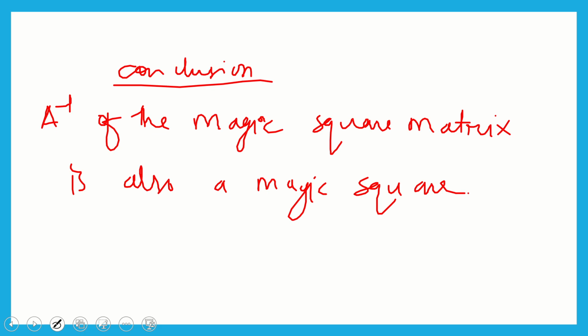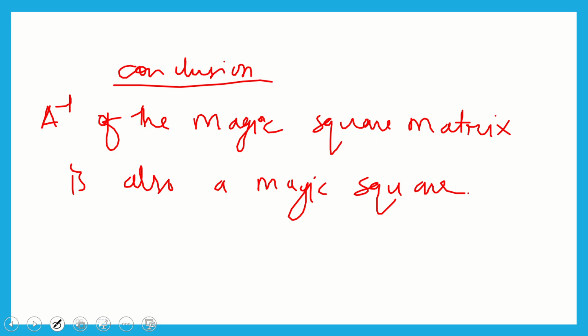So today you have learned a new thing. You already know how to find the inverse of a square matrix, and engineering students know eigenvalues and eigenvectors, if they have already covered them in first year or second year.